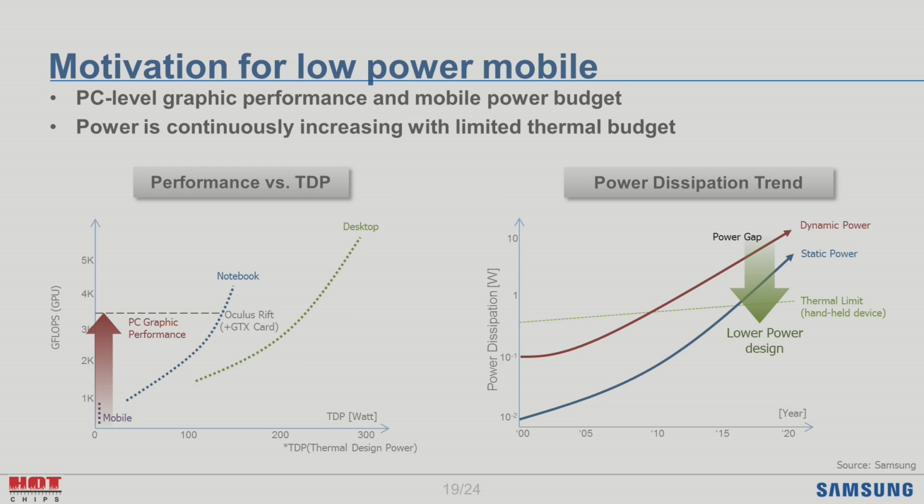Actually, power improvement from only the SoC or the DRAM itself is not enough. So in result, SoC and DRAM alone cannot solve this kind of issue. We have to collaborate closely to find the best solution for low power.